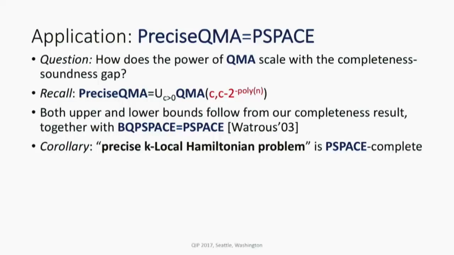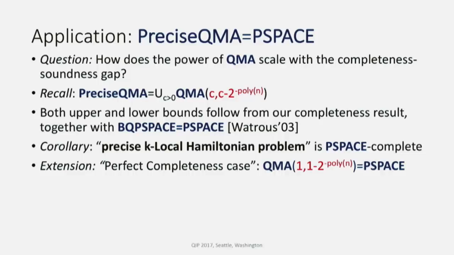I think an important corollary of this application is that if instead of asking, as Kitaev did, how hard is estimating the ground state energy of a local Hamiltonian with inverse polynomial precision, we had asked how hard is estimating the ground state energy of a local Hamiltonian to within exponential precision, we would actually have gotten a PSPACE-complete problem instead of a QMA-complete problem.